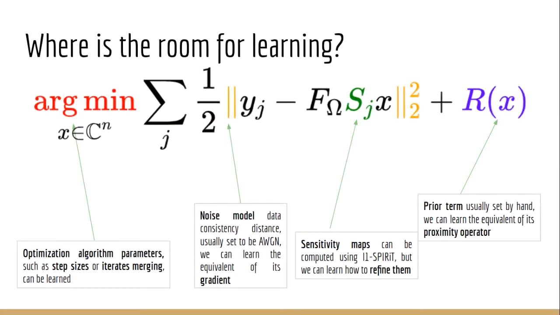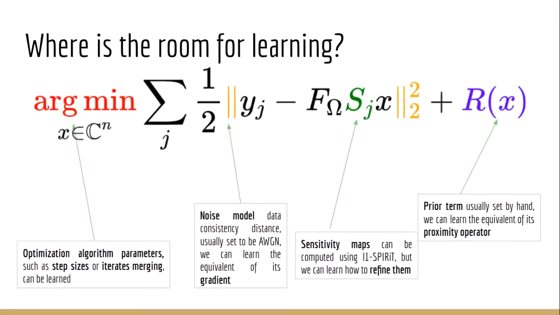And finally, and I think more importantly, is the prior term. Usually it's set by hand, and you saw in the previous talk how it could be set. So it can be a Tikhonov regularization. It can be an L1 norm over some coefficients in some appropriate basis, for example in the wavelet decomposition of the image.